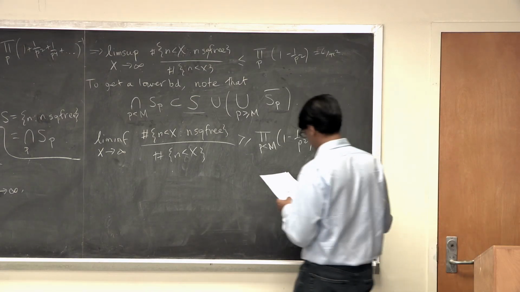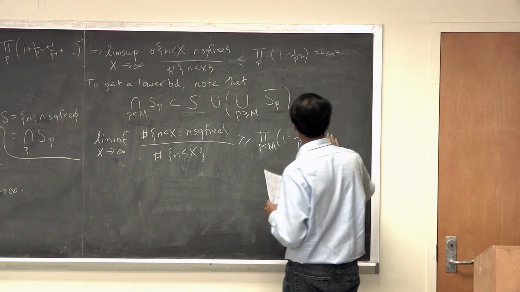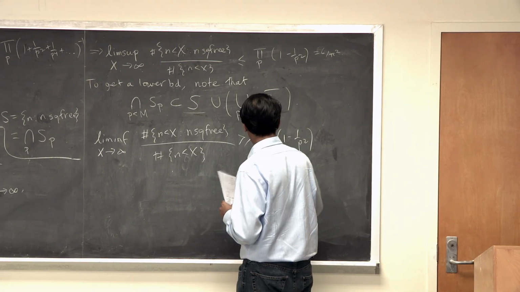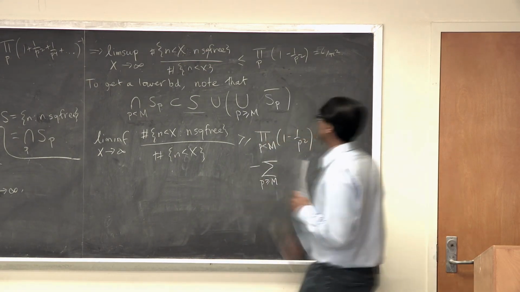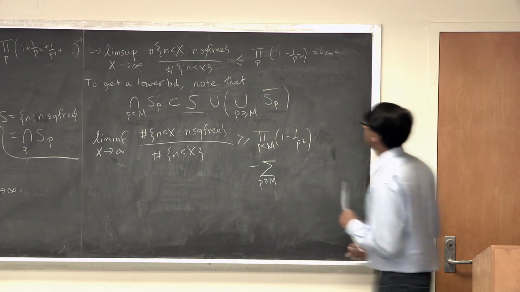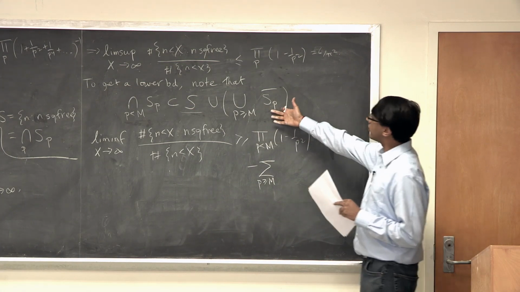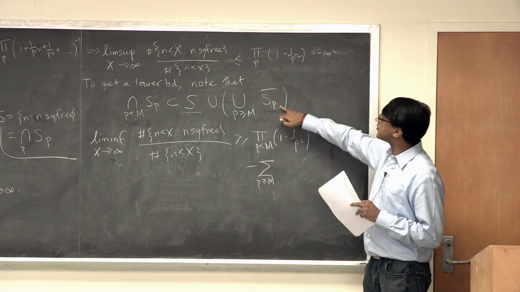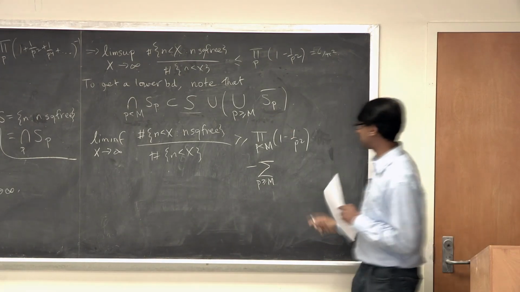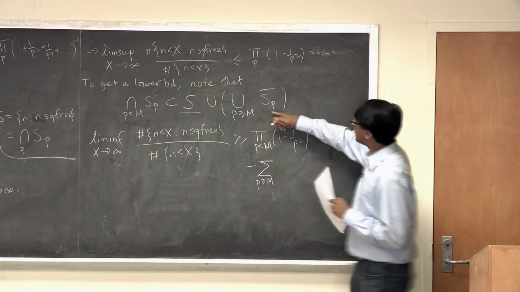Okay, well, what's the sum of the densities of each of those guys? Maybe I'll put it over here. You have to sum over all p greater than or equal to m. What does this mean? This is multiples of p squared. So we want to know the number of multiples of p squared less than x.